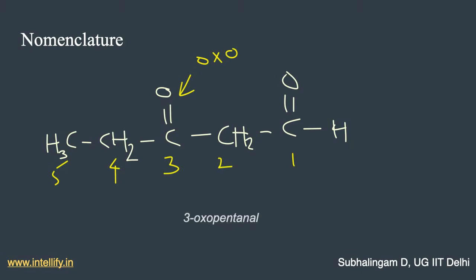So we have the name 3-oxo pentanal. Pentane is the aliphatic chain. We have CHO attached to it, so it's pentanal, and we have a ketone group at the third carbon, so we use the prefix oxo. So 3-oxopentanal.